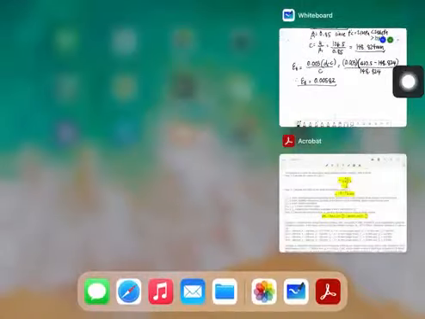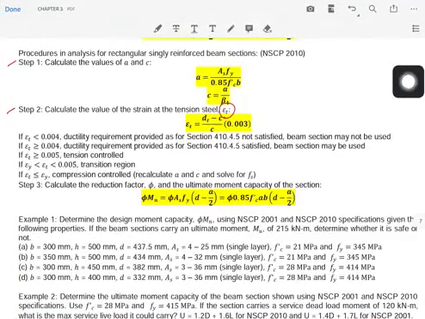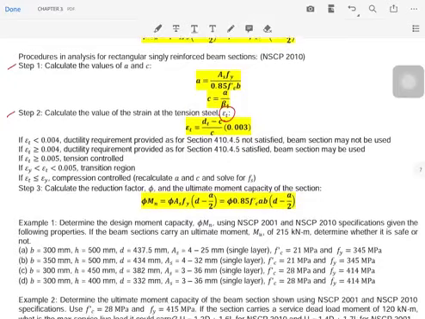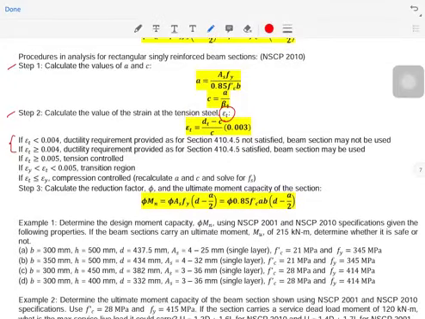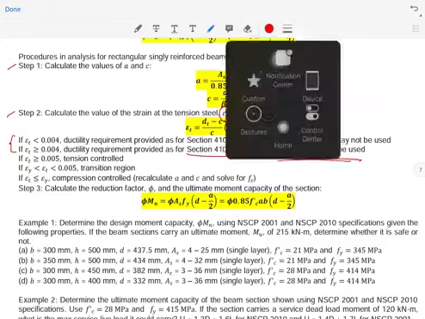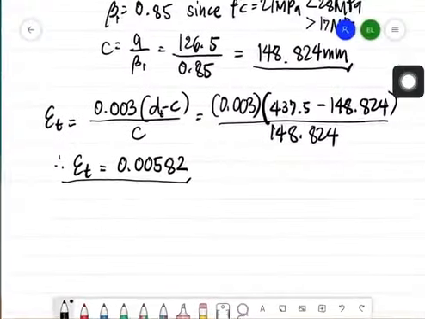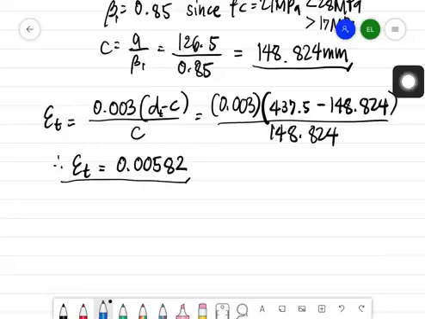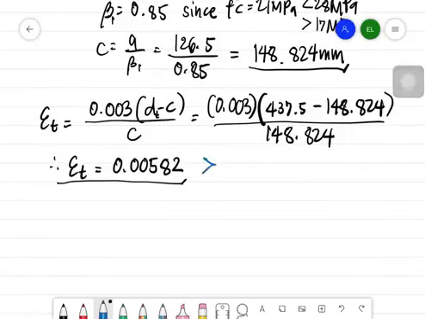By getting strain epsilon t, we need to know the ductility requirement of our beam. Our epsilon t is greater than 0.004. Therefore the ductility requirement provided in this section is met, so the beam may be used.